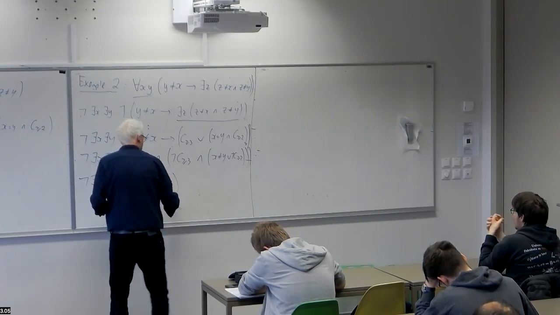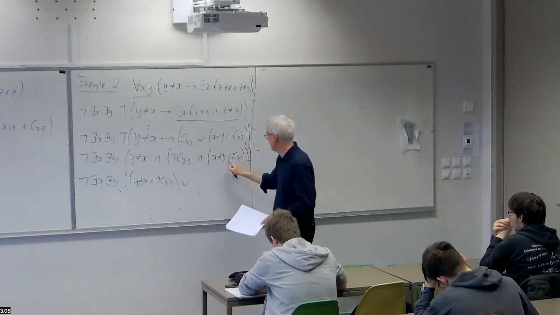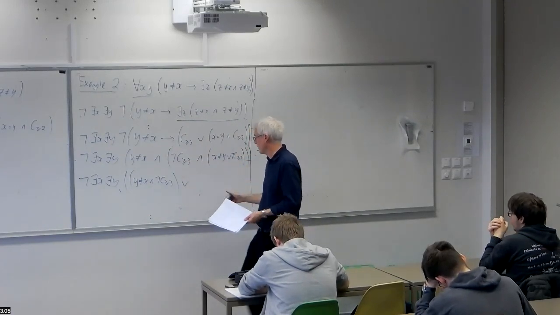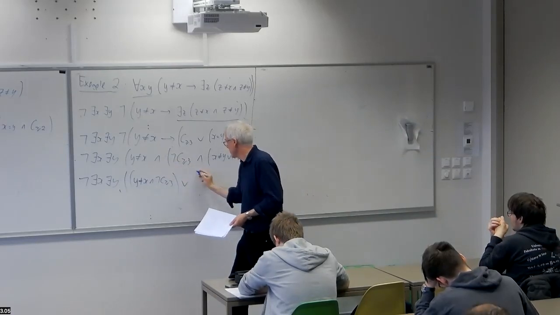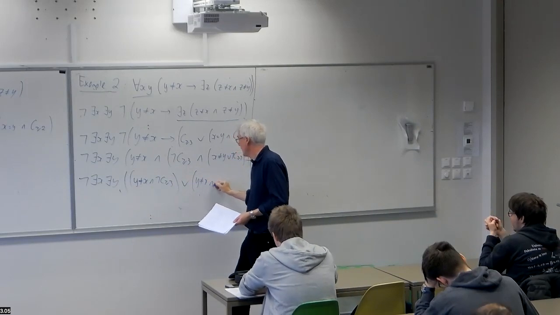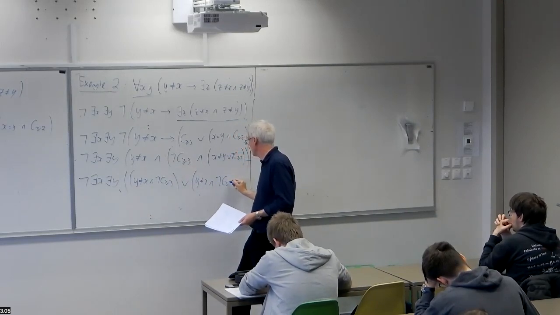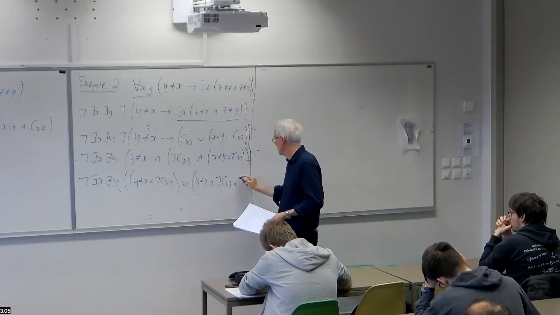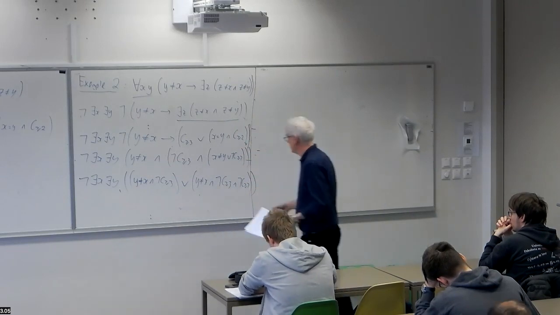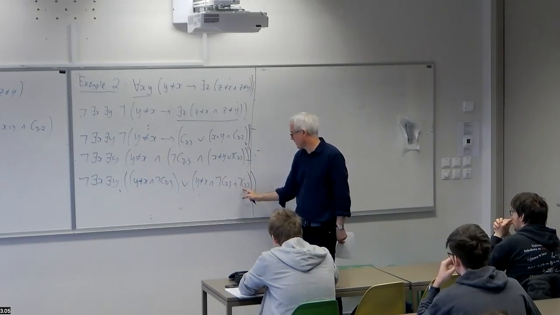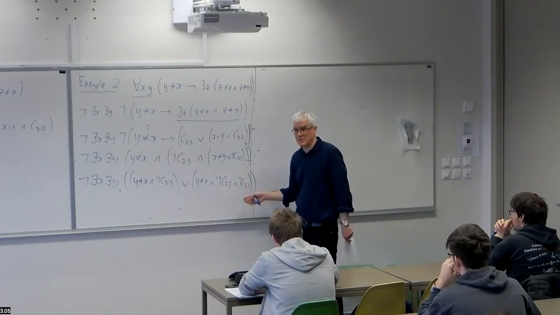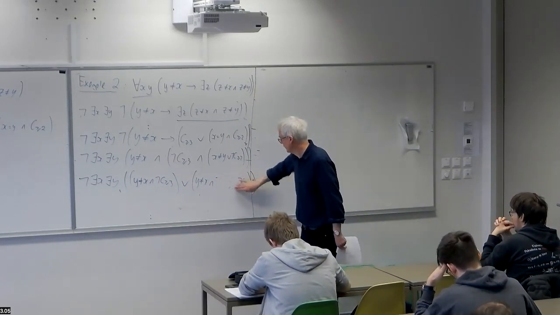We don't need to put y is not equal to x twice. Or from this disjunction, distributing over the conjuncts here, y is not equal to x and not c is greater than or equal to 3, and not c is greater than or equal to 2. But this says the cardinality is strictly less than 3, and this says the cardinality is strictly less than 2. So the cardinality being less than 3 and less than 2 is just the same as saying it's less than 2. So we can get rid of this one.